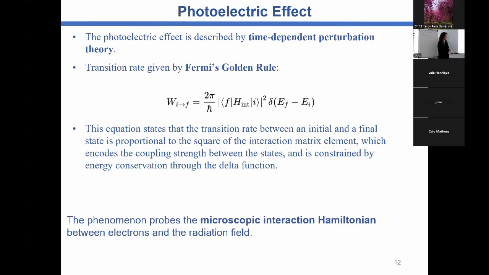So this is the microscopic interaction Hamiltonian between the electron and the radiation field.